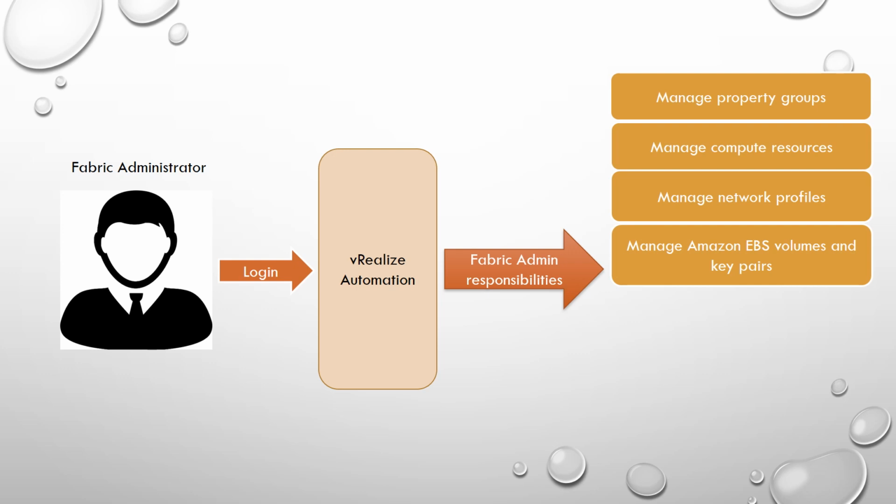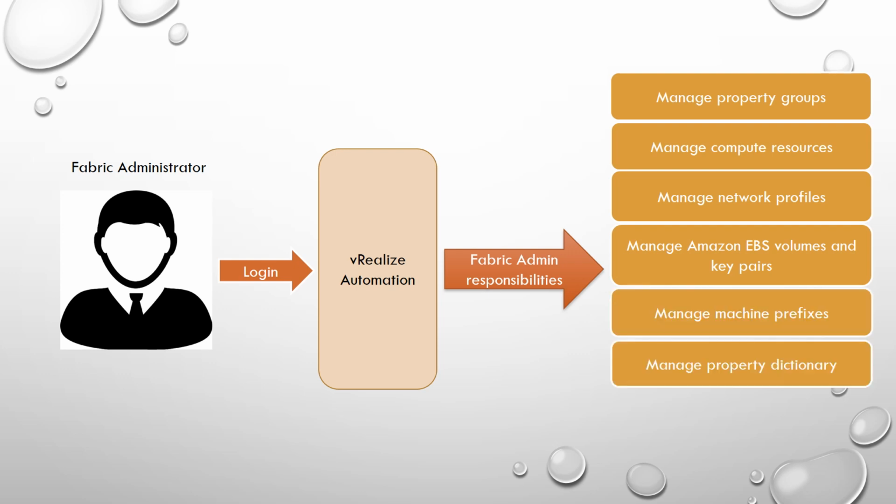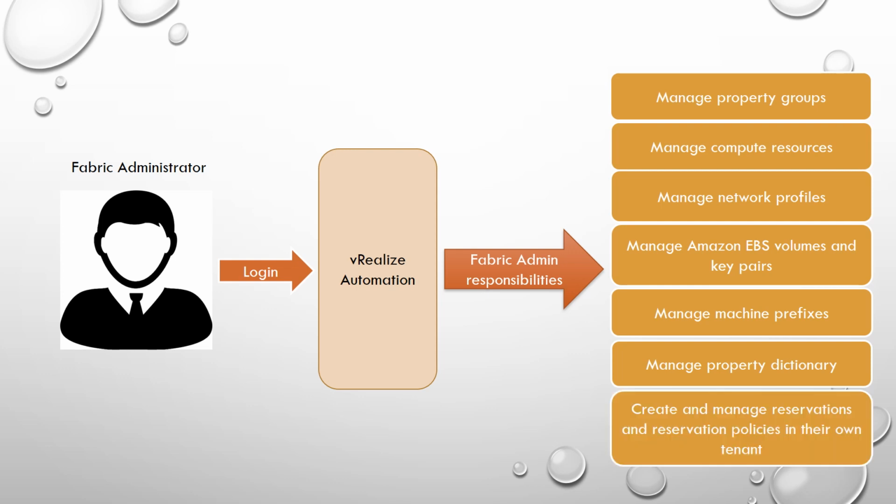It manages network profiles, Amazon EBS volume and key pairs, machine prefixes, property dictionary, and it creates and manages reservations and reservation policies in their own tenant. I know these are all different and difficult terms that you haven't heard of before, but these will surely be covered in our upcoming tutorials.